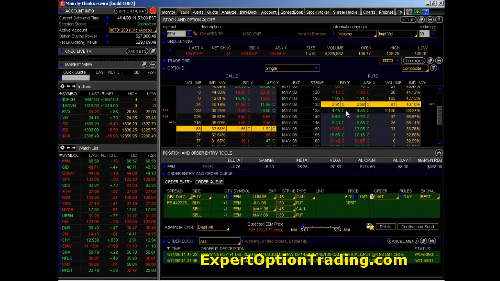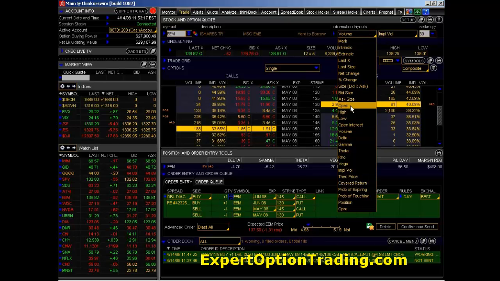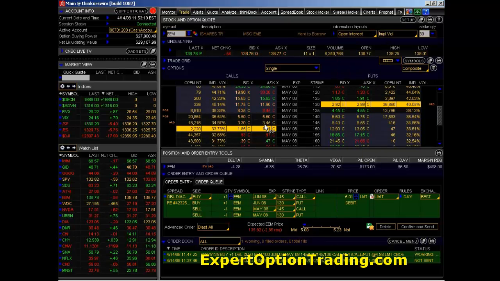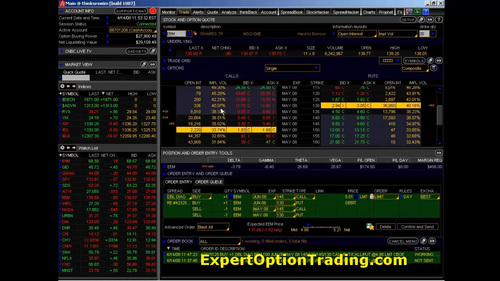Either that or they're protecting their ETF position. It could be insurance on their ETF position if they're buying the ETF itself, the underlying. We've got 2,100 contracts today already on the 135. Let's see what the open interest is. Open interests are quite high, so they're quite liquid. We've got 20,000, 18,000, 44,000, 43,000 on the call side. We've got 17, 18, 36,000 on the put side. So there's quite a bit of liquidity in these EEMs.